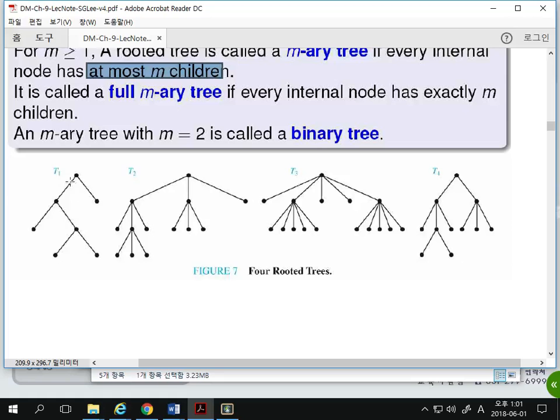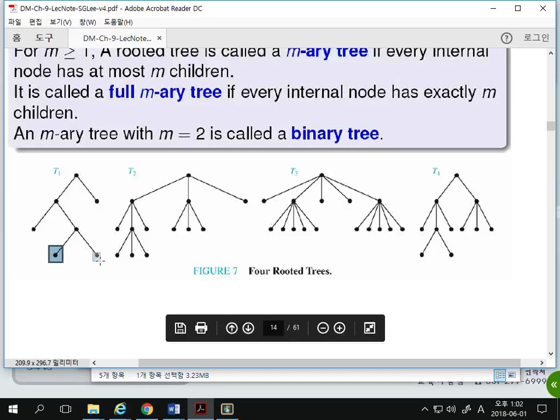So in this case, each vertex has at most 2 children. Here it has 1 child, this one has 2 children, and this one has 2 children. So this is an example of a binary tree.